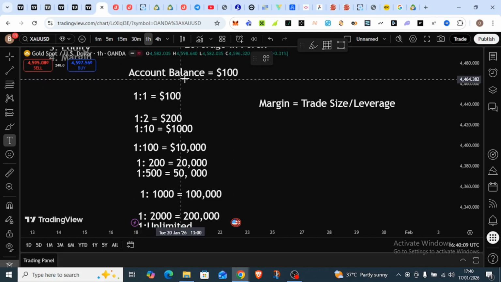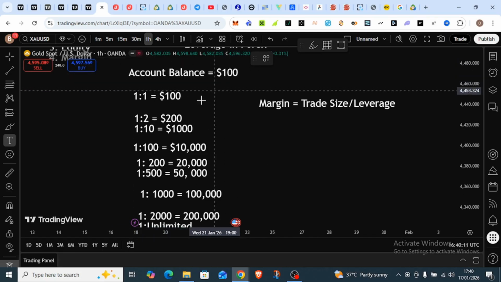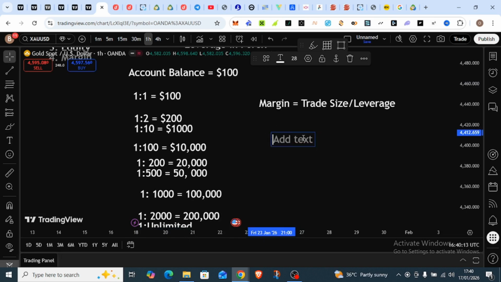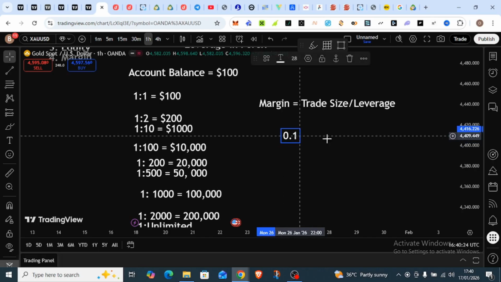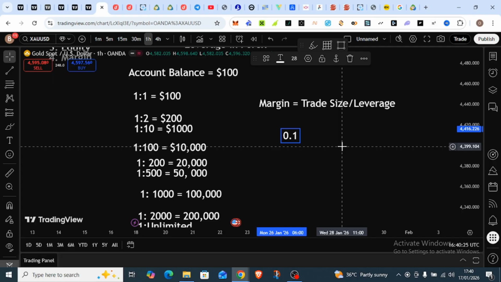We have stated our account balance as $100, and assuming we've done our calculation and got a lot size of 0.1. Remember, you will have to calculate your lot size based on the amount you are willing to lose or risk in the trade. You don't just assume lot size and enter it on your trading platform.